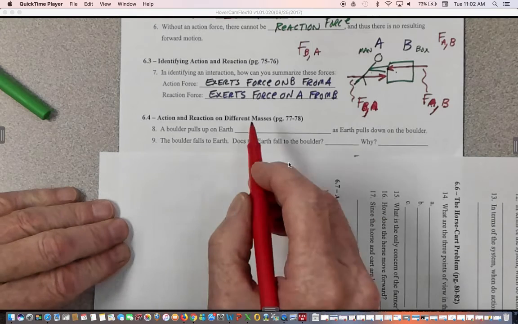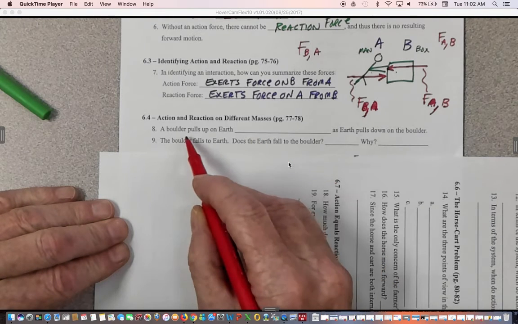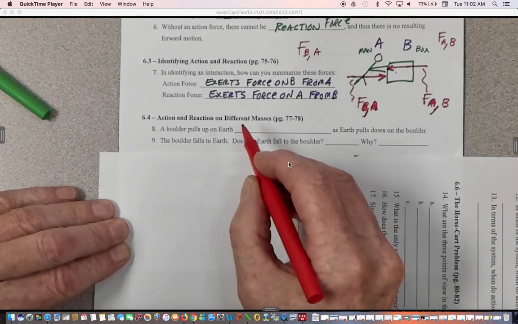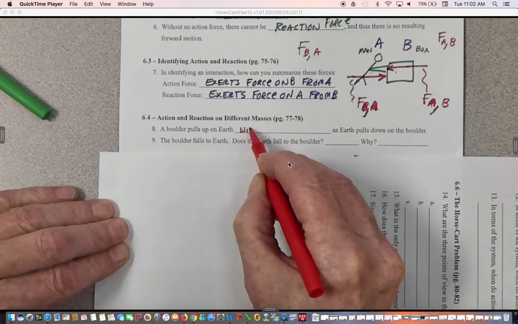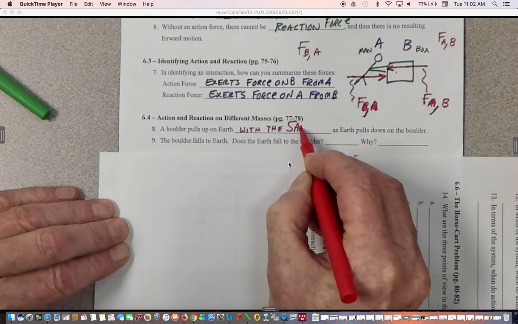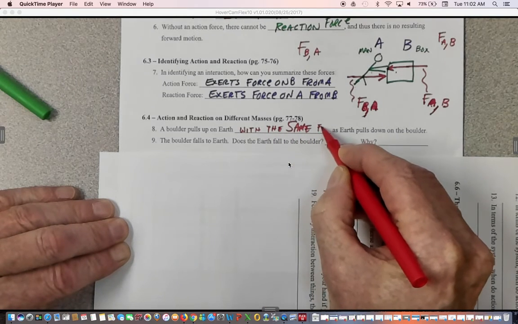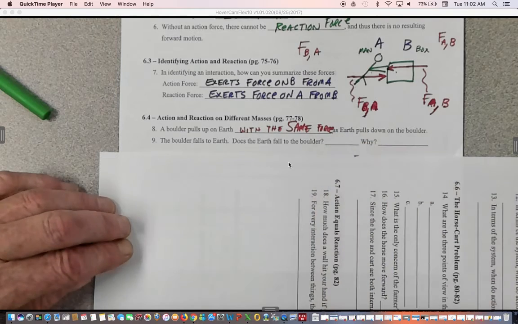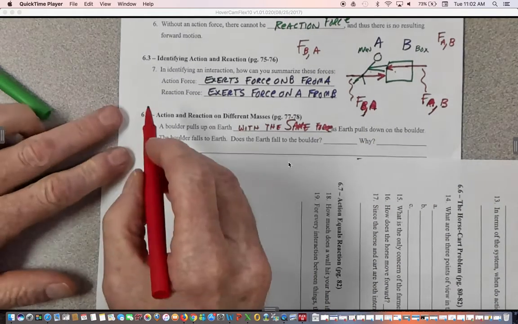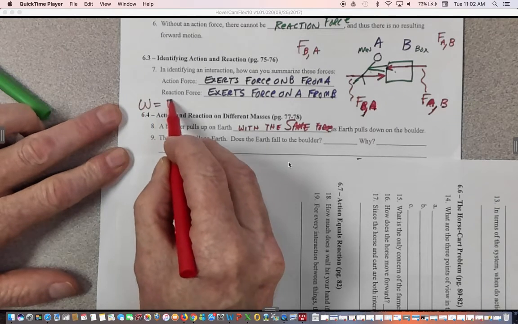So, weight and gravity. A boulder pulls up on the Earth with the same force as the Earth pulls down on the boulder with. Weight is the force of gravity.